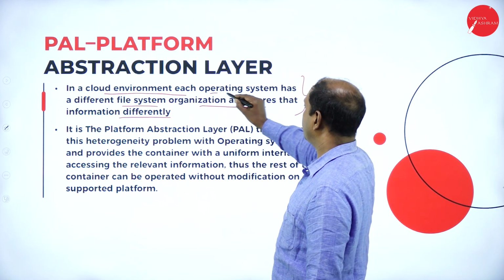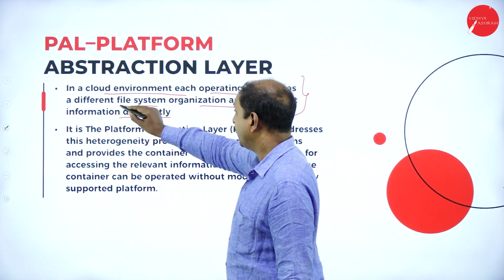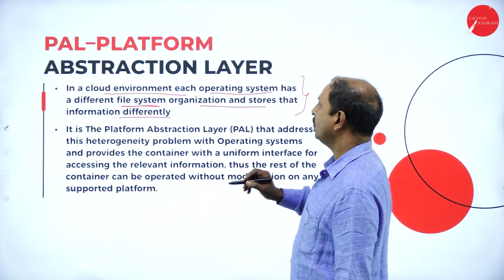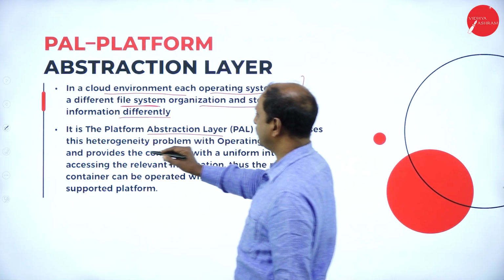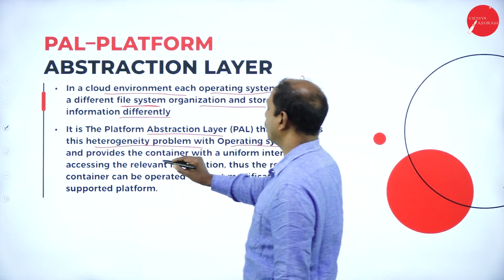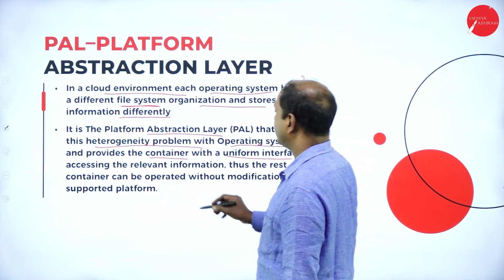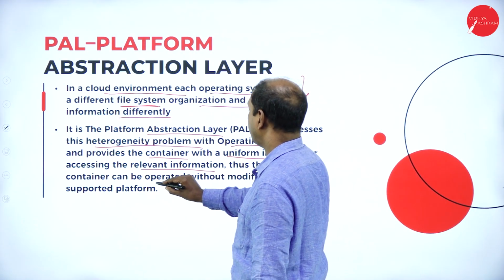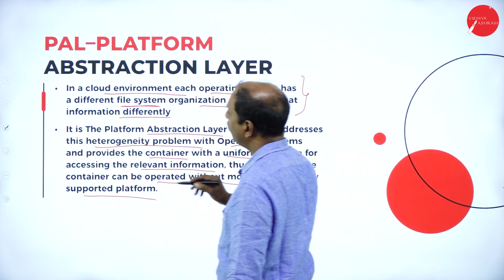Each and every operating system stores files differently with respect to its architecture. So it is the platform abstraction layer, PAL, that addresses this heterogeneous problem with operating systems and provides the container with a uniform interface for accessing the relevant information. Thus, the rest of the container can be operated without modification on any supported platform.